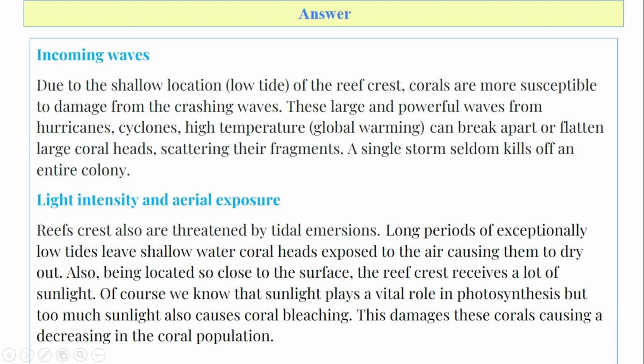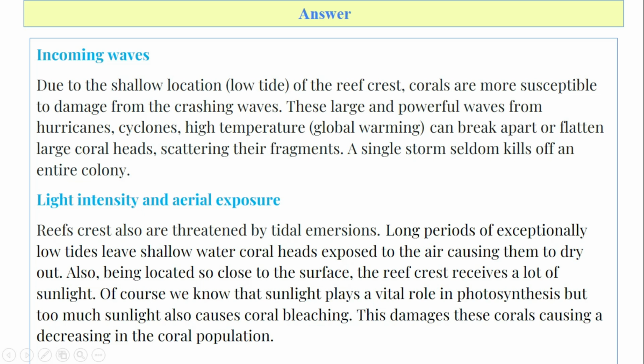A single storm seldom kills off an entire colony. Alright, so when waves are too heavy, it will destroy the plants and the reef crest. Alright, light intensity and aerial exposure.